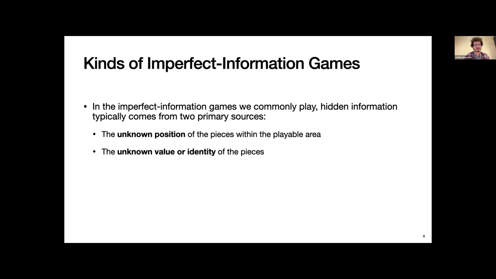And the other source is the unknown value or identity of the pieces. So games like card games, where you know where cards are, but you don't actually know their value, or the game of Stratego. And actually, a lot of games humans play fall in this category and not the first one. And so now, we focused on this last category of games.